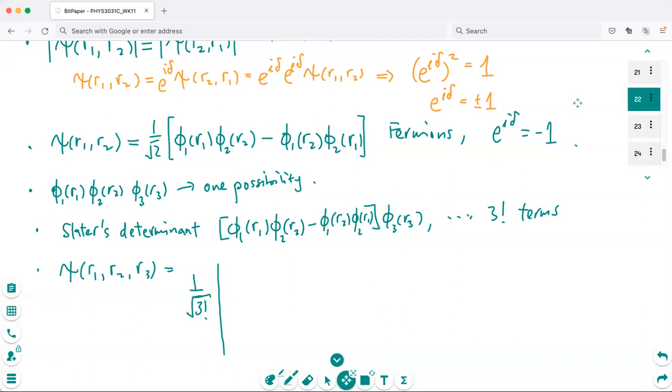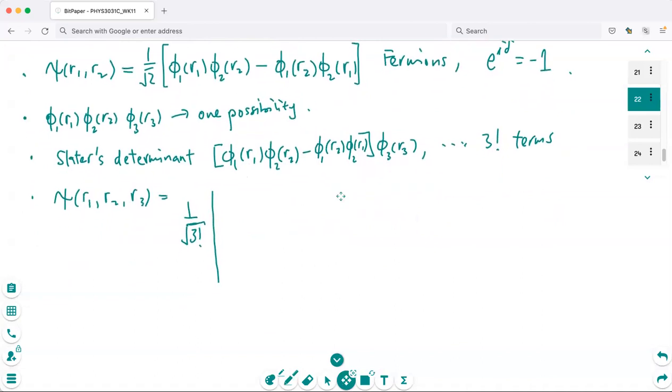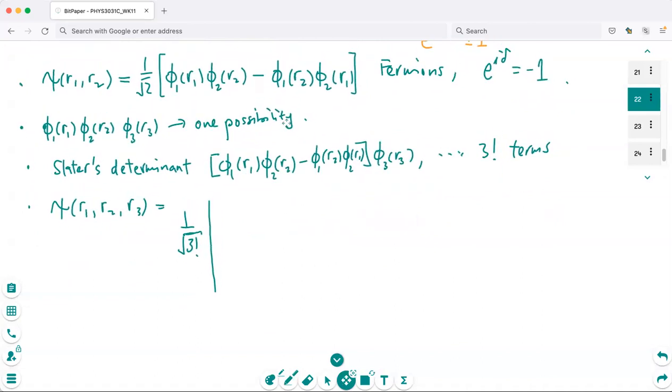Let's bring this up like this. Okay, so if you have three, you can convince yourself that if I write the matrix this way and you work out the determinant, if you expand this matrix, you will find all the terms you need.